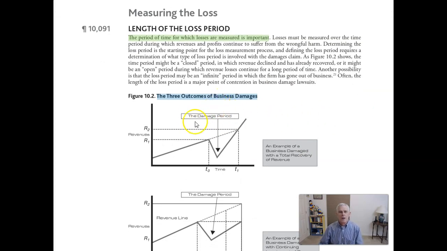Here we go. Now in this one, this is an example of a damaged business with a total recovery of revenue. You have the trend line occurring before the action took place that caused the harm. T0 is where the harm occurred. Revenues dropped. But then at some point they started recovering and got past the point they would have been on this trend line.